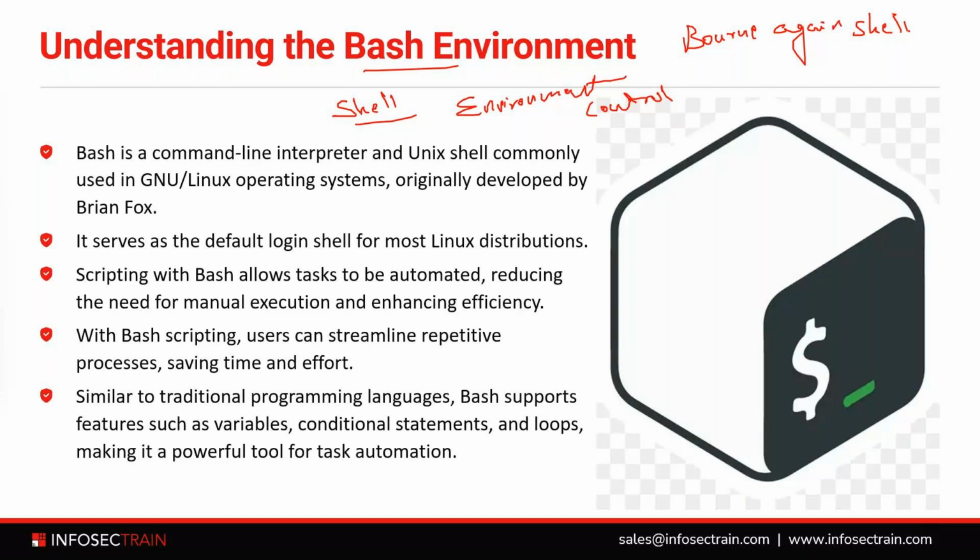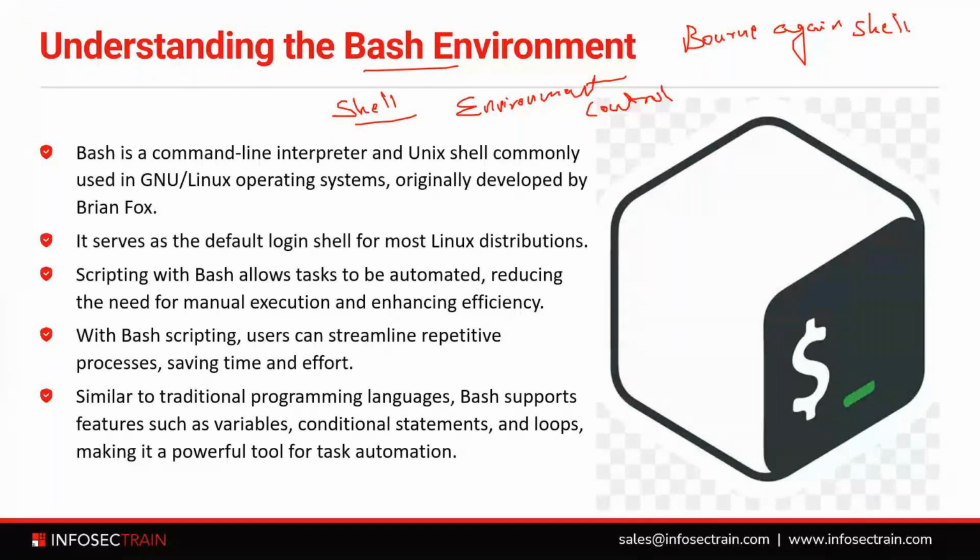At that time, people were not able to access the history of the commands they had used, or autocomplete commands, or there was no GUI in that. When Bourne Again Shell came, it gave you lots of functionalities.